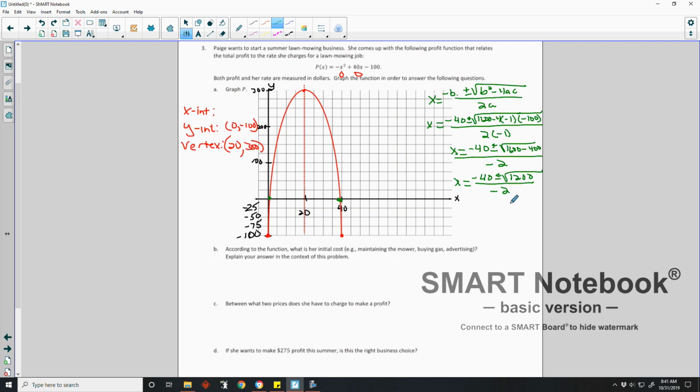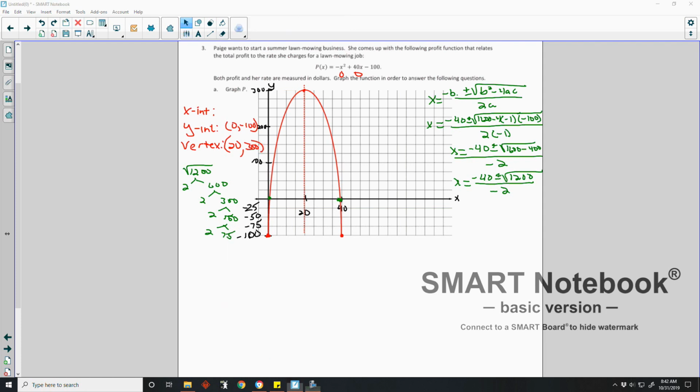Okay, now I can simplify this. So if I'll move over here, the square root of 1,200 is 2 times 600, which is 2 times 300, which is 2 times 150, which is 2 times 75. Okay, I just got that text out of the way.